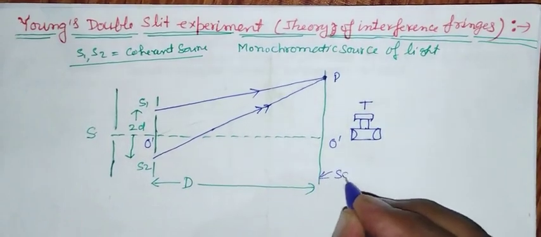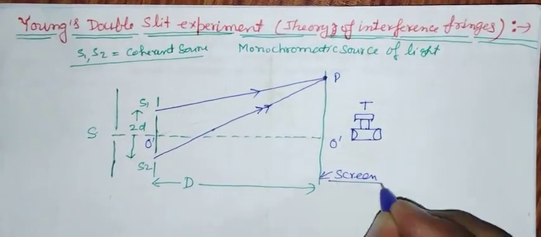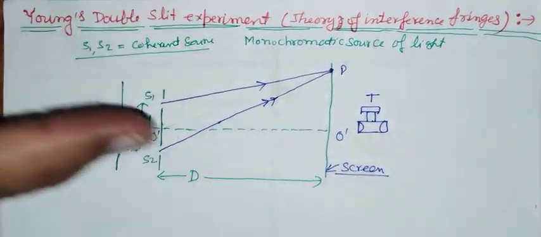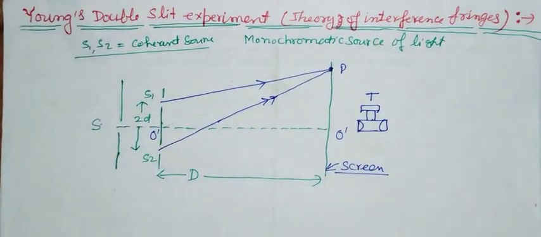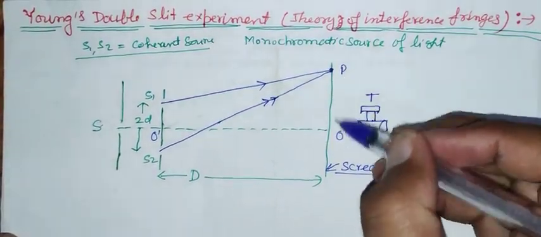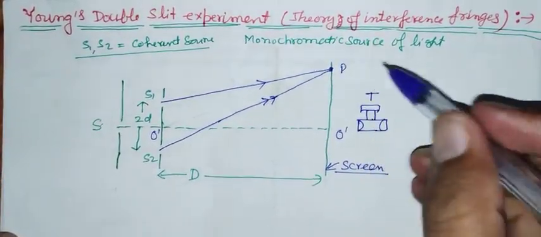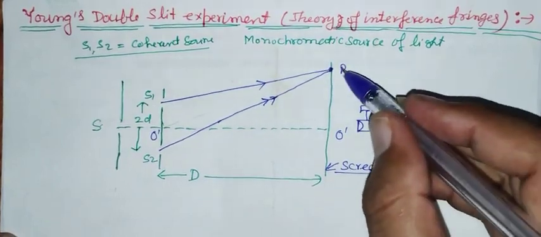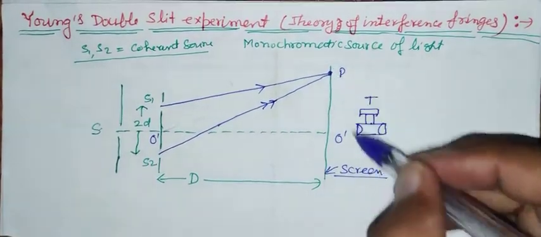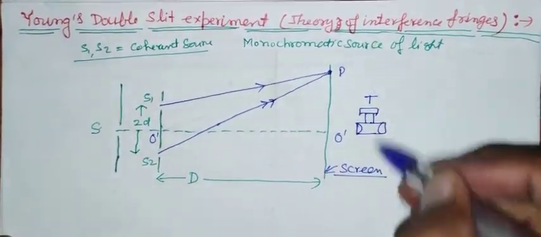Now see here how this interference pattern is obtained. This point P is variable on the screen, on both sides, and with this variation the telescope is adjusted.